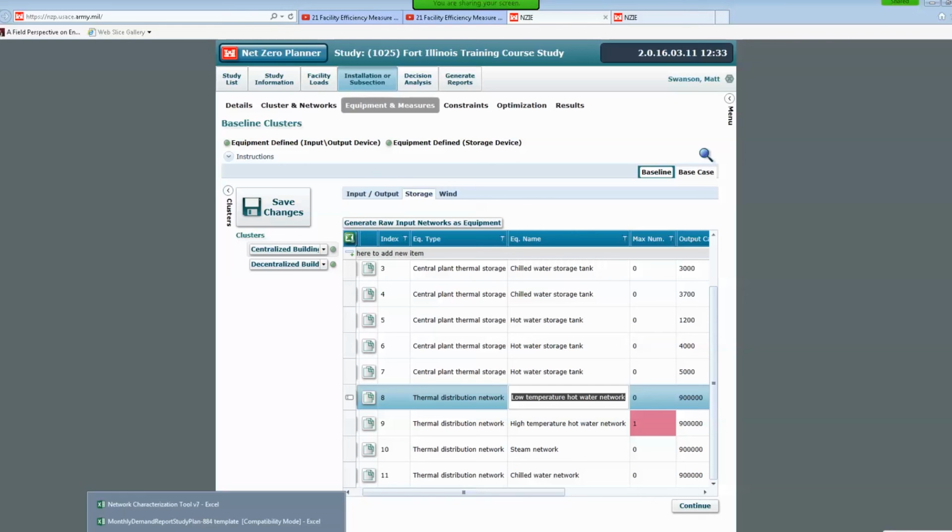This was actually a planning project that I just presented on this past week, asking that exact question. They were located relatively close to an existing central plant, and they wanted to know if they should just decentralize everything, if they should have their own central plant, if they should be connected to the existing plant, what technology they should use.